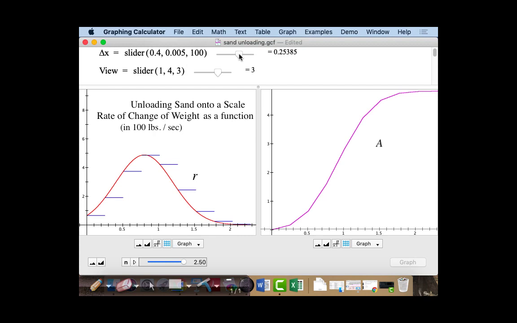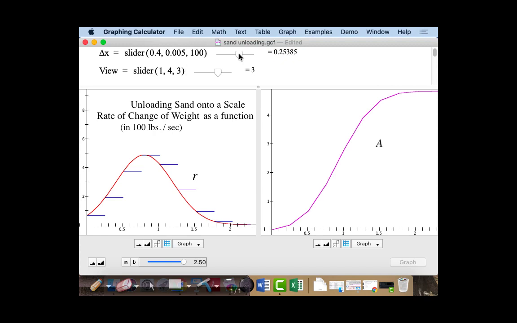So if I have delta x instead of being 0.4 seconds, if I have it at 0.25 seconds, there's a lot more separate constant rates that I'm going to have because I have a lot more intervals. If they're only 0.25 units wide, I'm going to have to measure the exact rate at more points in time. And I use each of them, though. So concept-wise, there are no new concepts involved. It's just more intervals of doing the same thing.